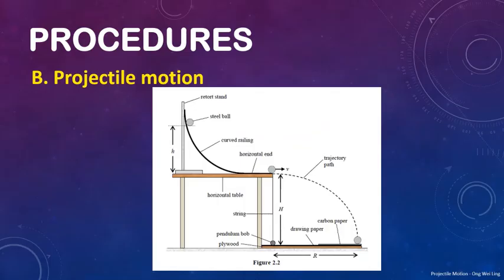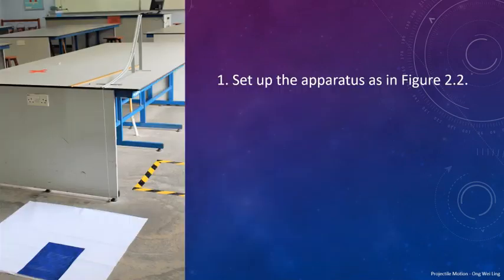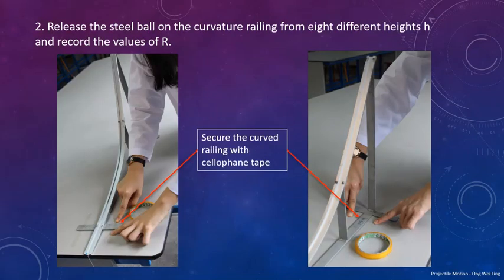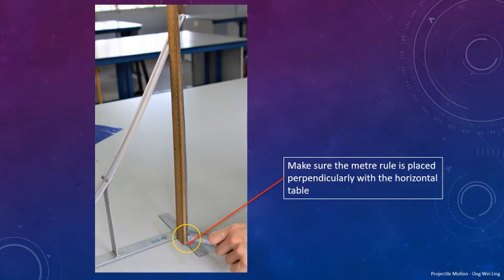Procedures for projectile motion. First, set up the apparatus as in figure 2.2. Second, secure the curved railing with cellophane tape. Make sure the meter rule is placed perpendicular to the horizontal table.